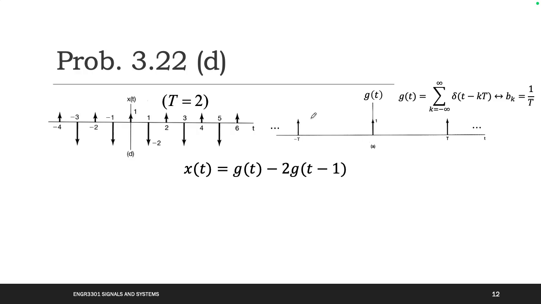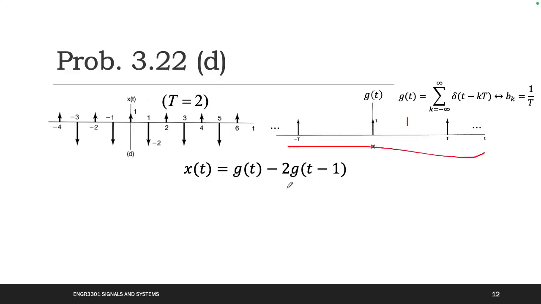Yeah, you can see this is g(t), am I right? And here T is 2, am I right? Yeah, and 2g(t) minus 1. Actually, which means this is just like a shift to the right, am I right? To the right by 1, like this.